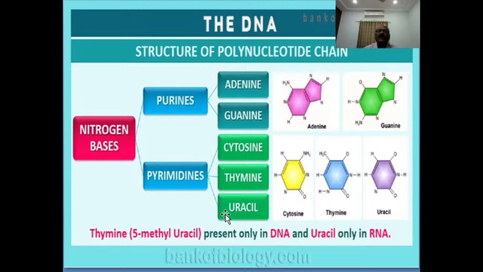Cytosine, thymine, uracil, these 3 together are called pyrimidines, that means single ringed nitrogen bases. So a total of 5 types of nitrogen bases are present in nucleic acids, that means DNA and RNA.